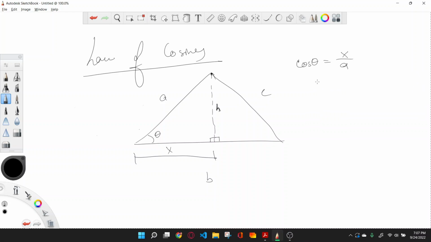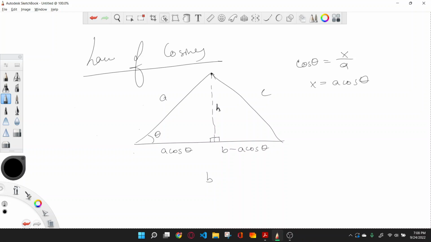And if we multiplied by A on both sides, we'd get X equals A cosine theta. So this is just A cosine theta, and this would just be B minus A cosine theta.